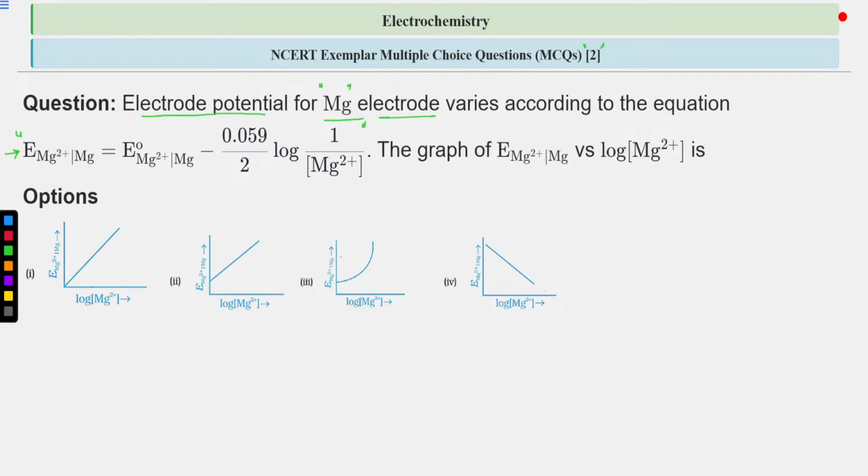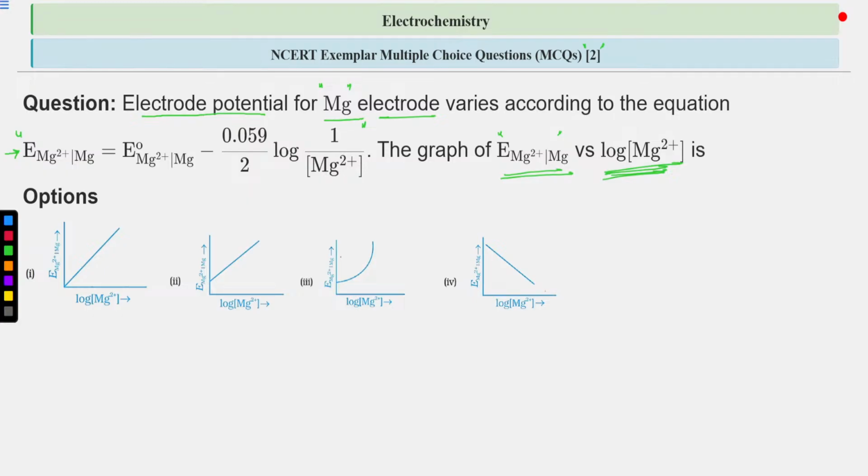So the graph of E of Mg2+ to Mg versus log of concentration of magnesium ion is... You have to tell which graph correctly represents the relation between the electrode potential of the magnesium electrode and the log of concentration of magnesium ions present in our electrolytic solution. As you can see, we have 4 options, with 4 graphs given.